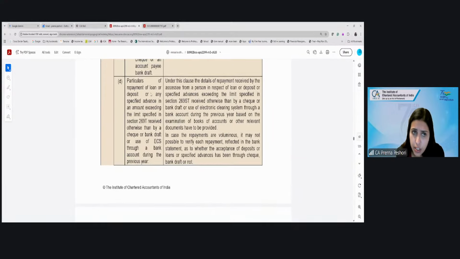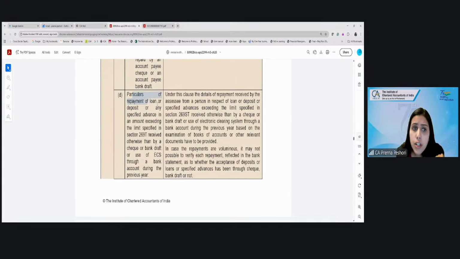And D asks you the details about particulars of the repayment of loan or deposit or any specified advance in an amount exceeding the limit in section 269T received otherwise than by an account payee check or ECS. So C asks you the detail whether there is any loan which is there more than 20,000 and what is the mode of that.